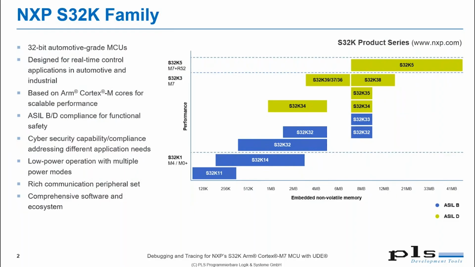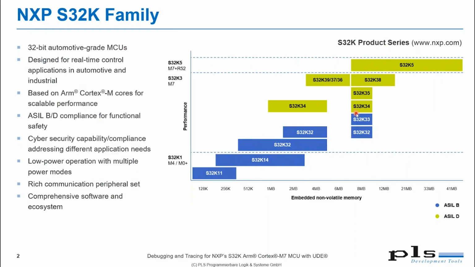The family is divided into three performance categories. So we have the S32K1, which are single core devices based on Cortex-M4 and Cortex-M0 Plus. Then there are a lot of devices based on Cortex-M7. This is the S32K3 series.